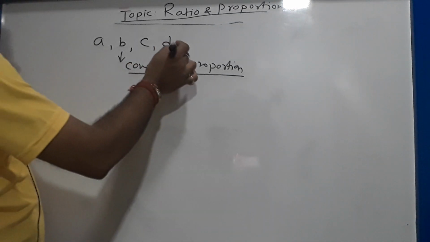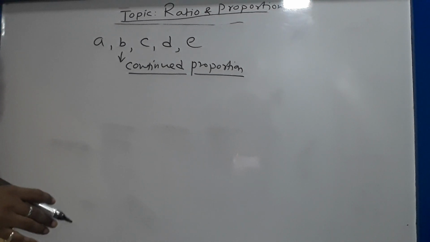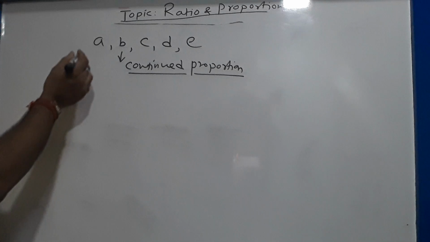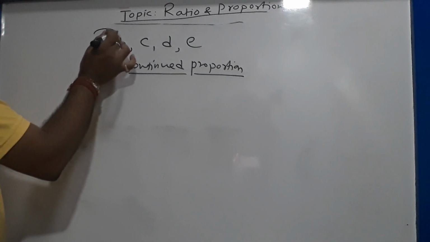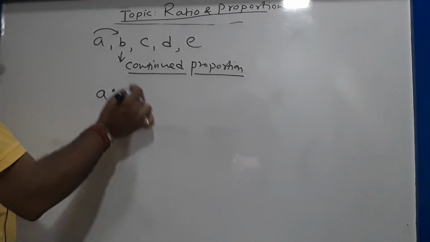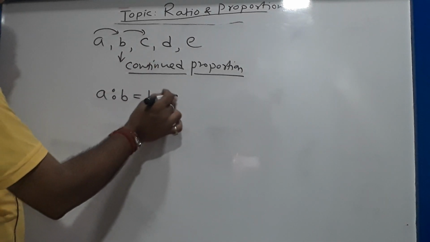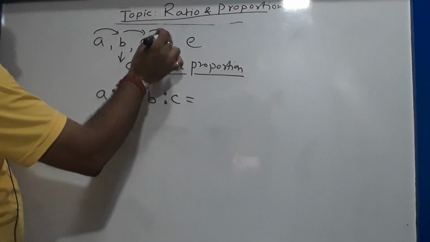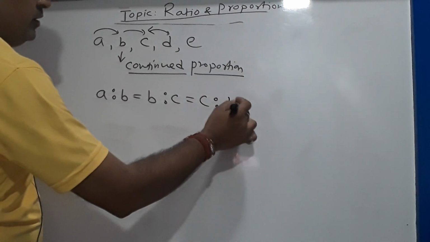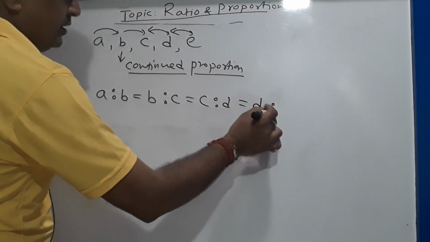Let us take one more number, five numbers: A, B, C, D, E. These five numbers are in continued proportion. That means A ratio B is equal to B ratio C is equal to C ratio D is equal to D ratio E. Is it clear?